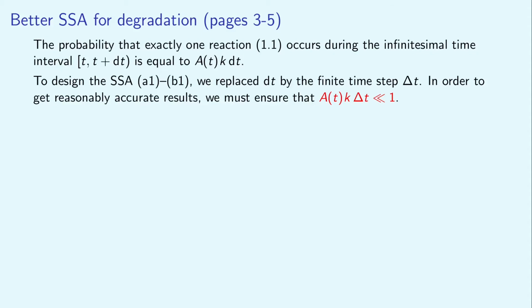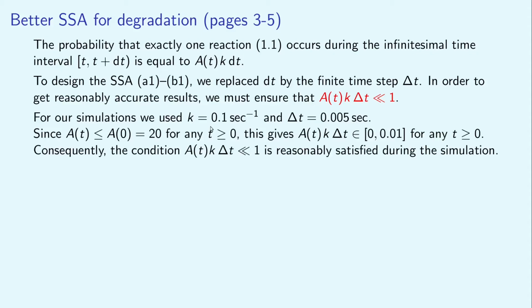negligible. To obtain the previous illustrative results, I used k equal to 0.1 per second, and I chose the time step delta t so small that A(t) k delta t is less than or equal to 0.01 for any time t.